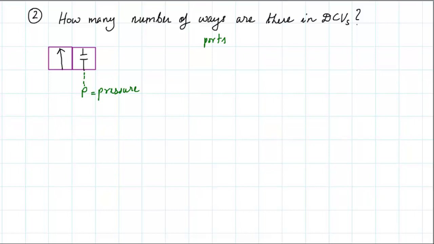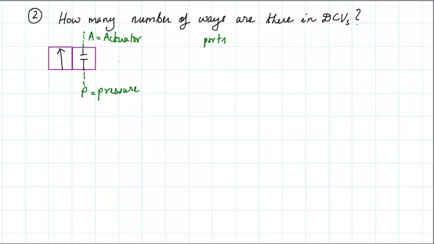And then the output might be mostly connected to an actuator. That means it might be connected to a cylinder which is to be moved. So that actuator port will be written as A. So A stands for actuator.